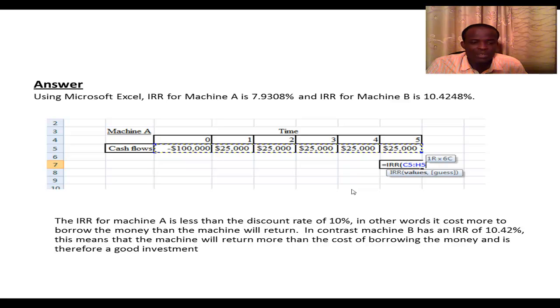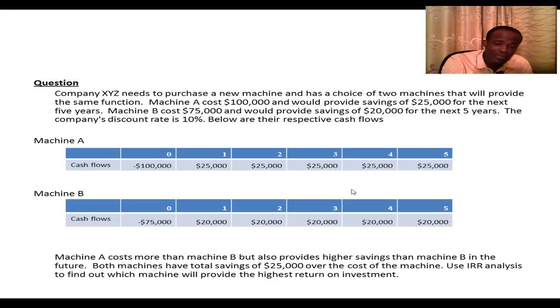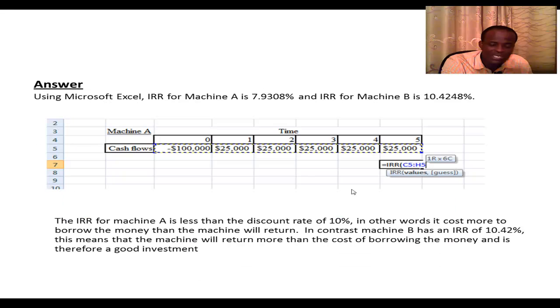So using that approach, you realize that the IRR for machine A is less than the discount rate of 10%. In other words, it costs more to borrow for the machine than the machine will return. Because as you remember, the company discount rate is 10%. Okay.